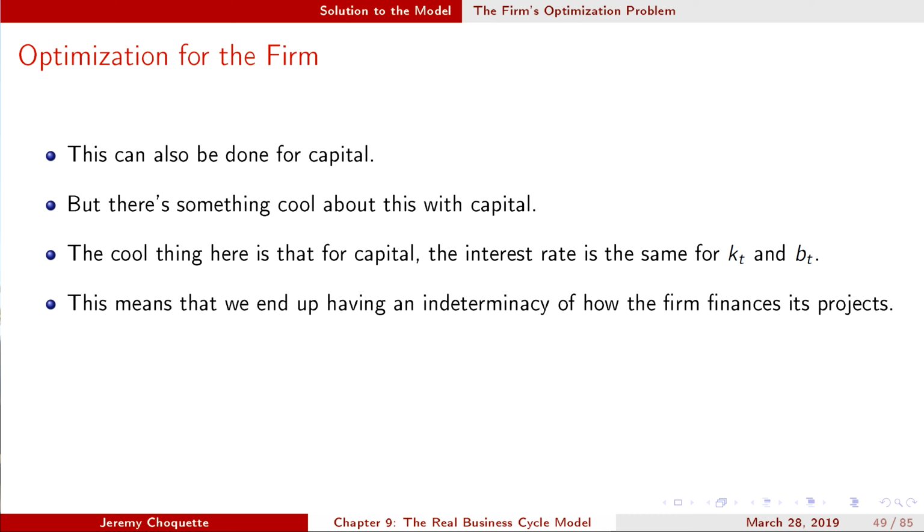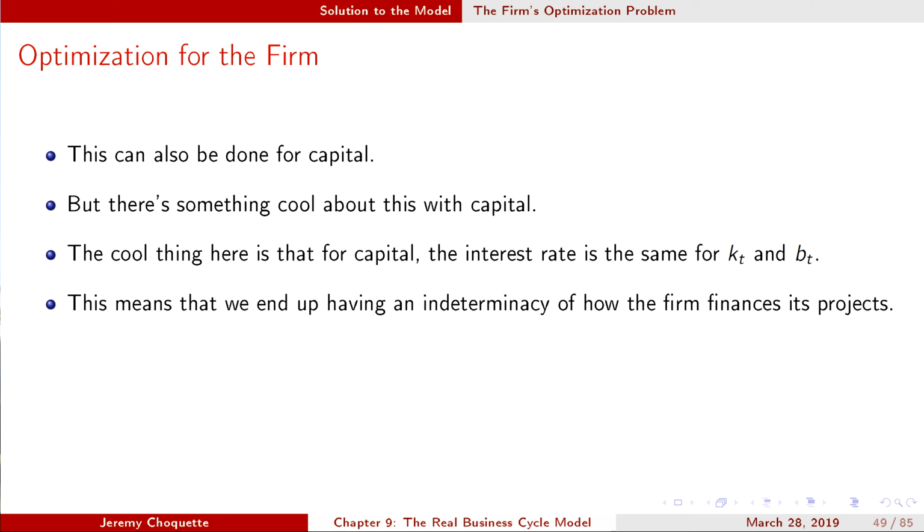If I assume the interest rate is the same for capital and bonds, then we end up having an indeterminacy of how the firm finances its project. So if we assume for a second that the R_t in both of the Euler equations were the same, then basically the return on capital and the return on bonds is the same.